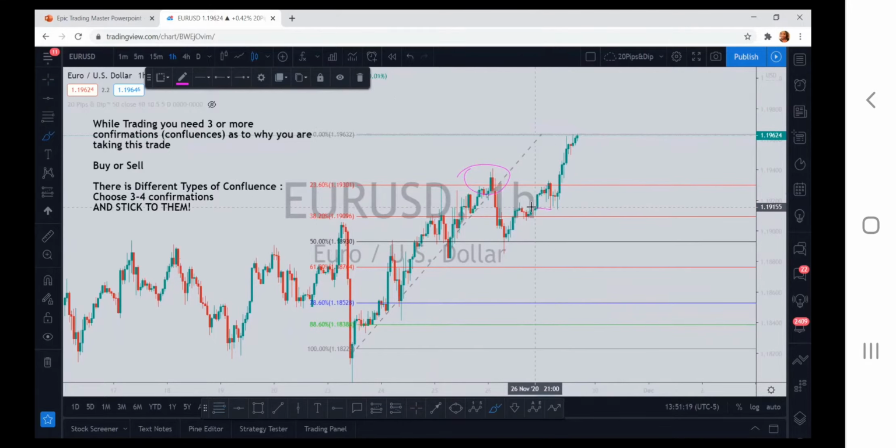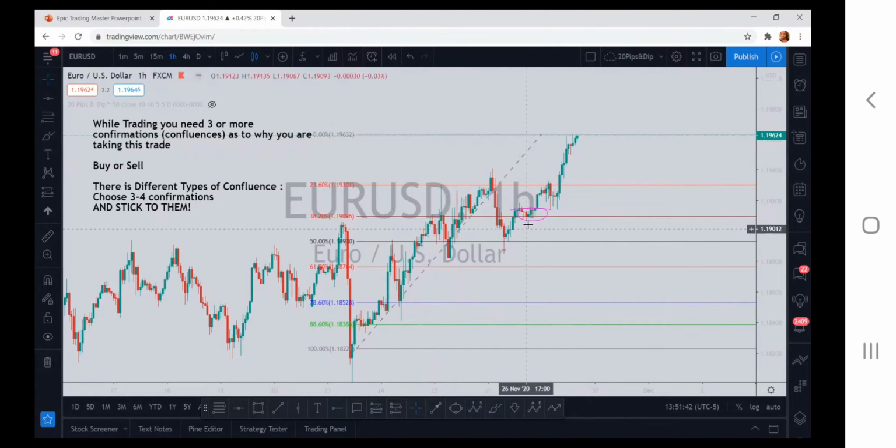Taking a buy off the 38, right? Checking out price action at the 61.8, right? Price action at the 78.6. That might be confluence for you. You might need to see that in order to say, okay, yes, I'm going in to take the trade.